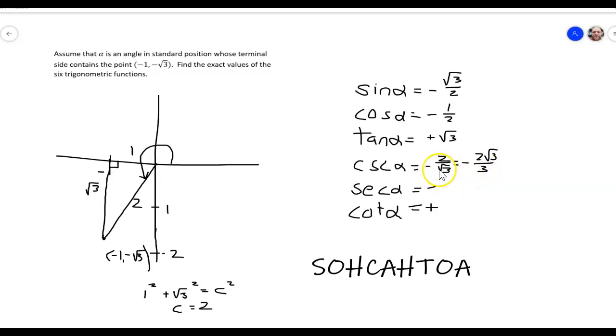If my math lab doesn't take this, it'll take that. Secant is just going to be 1/cosine, so that'll be -2/1, which is -2. And cotangent is just the reciprocal of the tangent, so that'll be 1/√3. That can also be written as √3/3 if we multiply the top and the bottom by √3.